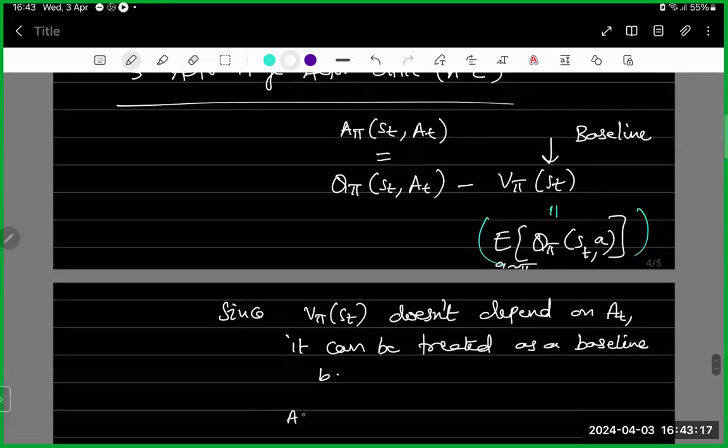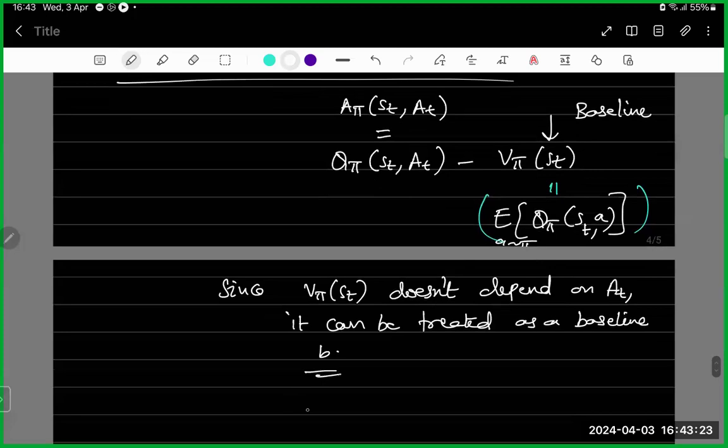You just use this. Okay, this is what we'll use. Instead of using Q pi, we'll just use A pi.